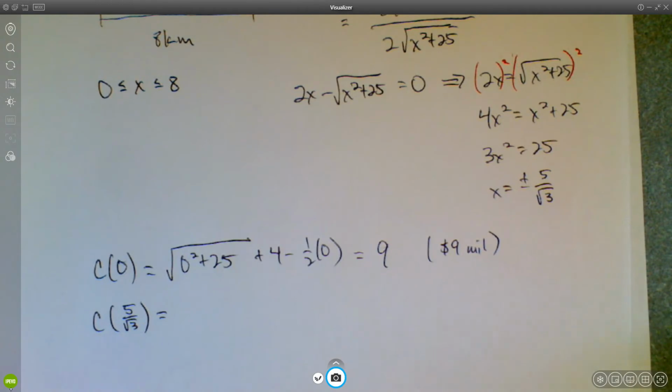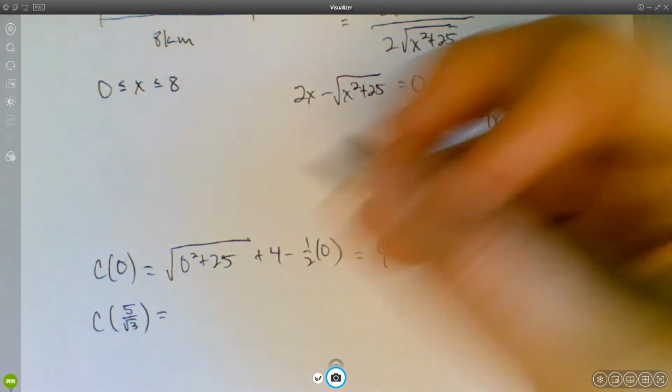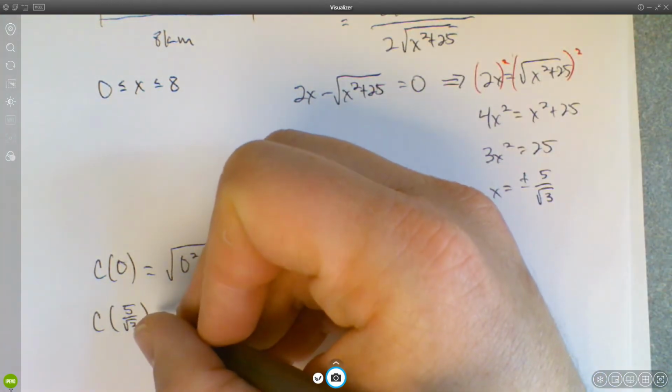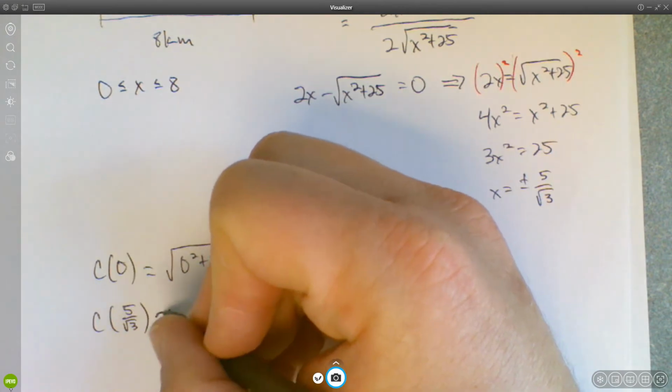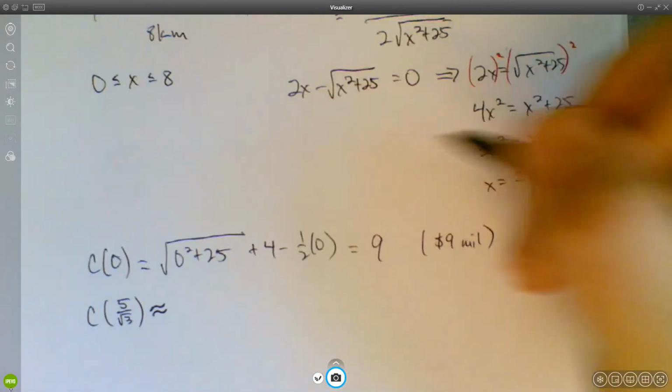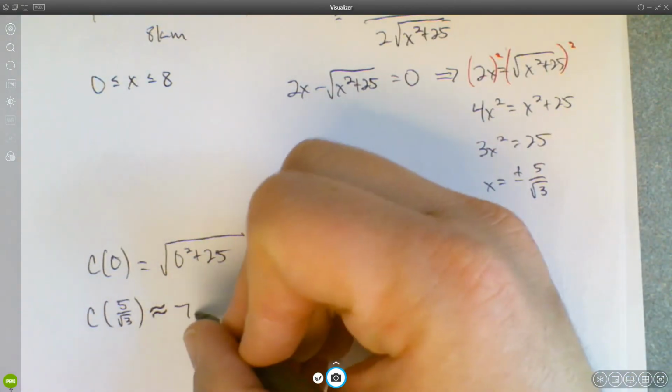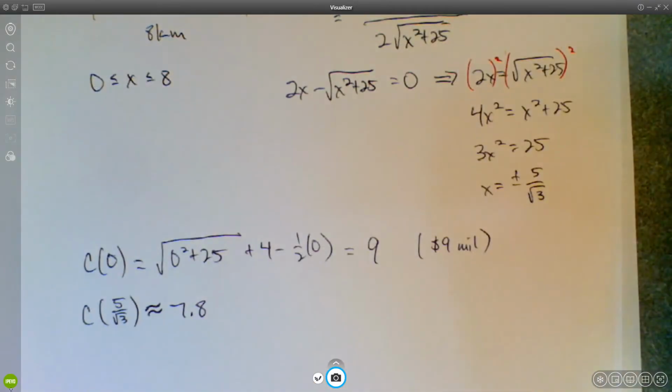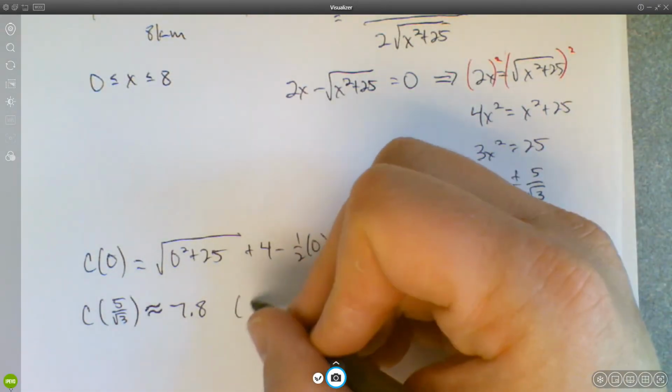Okay, so that comes out to about 7.8. I mean, the exact value is too nasty to even write down. So I'm going to say this is about 7.8. Okay, so that's 7.8 million.